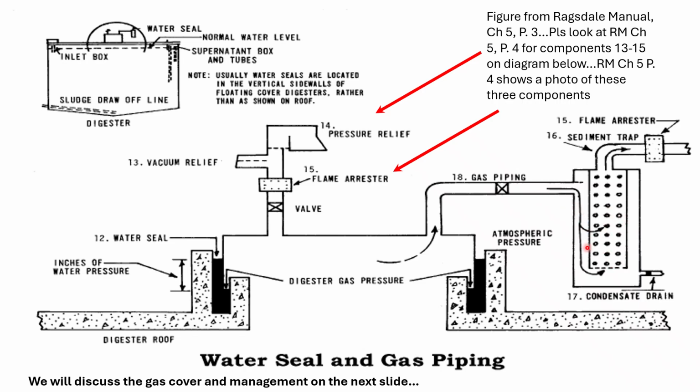This collector here is going to gather the gas, but as the gas moves through the collector, there are surfaces there, and if there's any moisture coming out with that methane gas, these surfaces are going to capture that moisture, and the condensate is going to collect at the bottom of this chamber, and we're going to be able to drain the condensate out, okay? So we're going to talk now about gas cover and management on the next slide, okay?